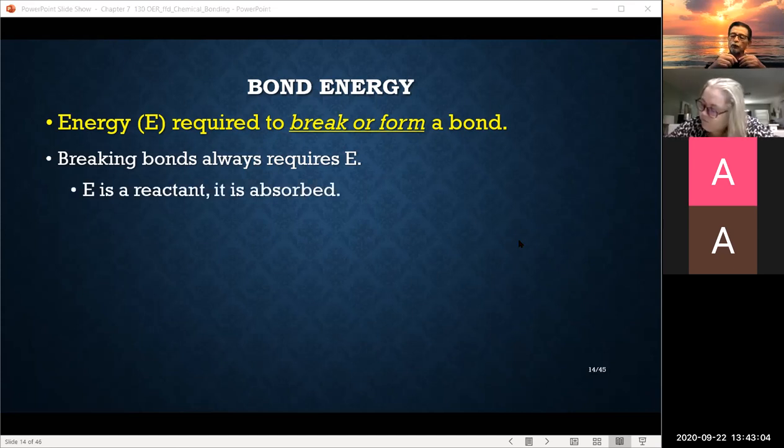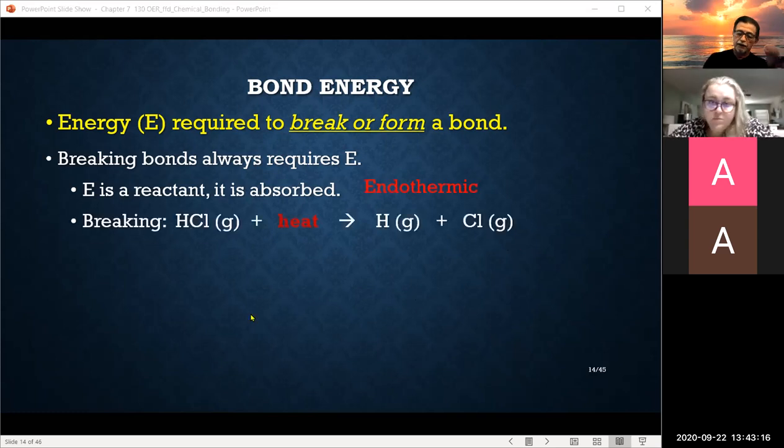And so, when we write it as a reaction equation, energy is always a reactant. If we have hydrochloric acid and we put heat into it, we break that bond between the hydrogen and the chlorine to form the respective hydrogen atom and the chlorine atom.